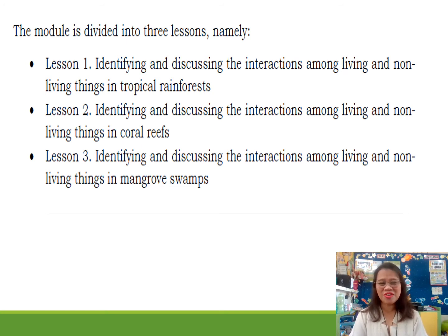And lesson 3, identifying and discussing the interactions among living and non-living things in mangrove swamps. So three lessons, our lessons are long for this week. So please bear with me, just listen carefully so that you will be learning something from me.